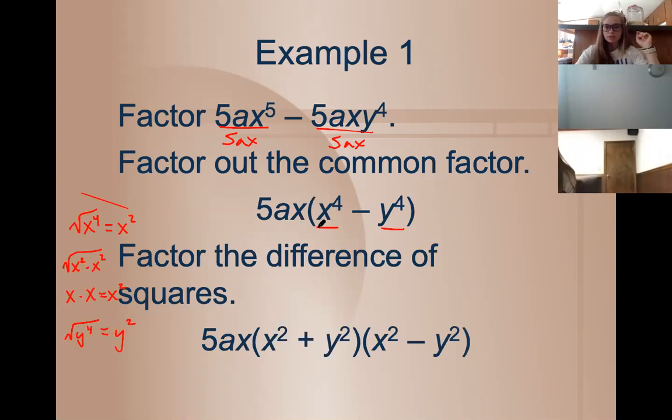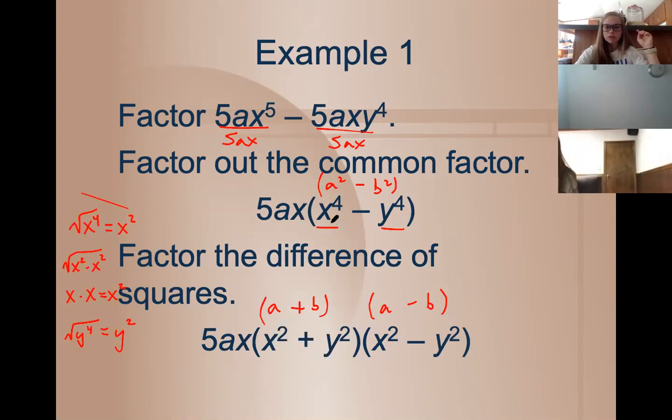Therefore, x to the fourth minus y to the fourth is like a squared minus b squared. So my answer is going to be a plus b and a minus b. So again, here's my original, x to the fourth minus y to the fourth.